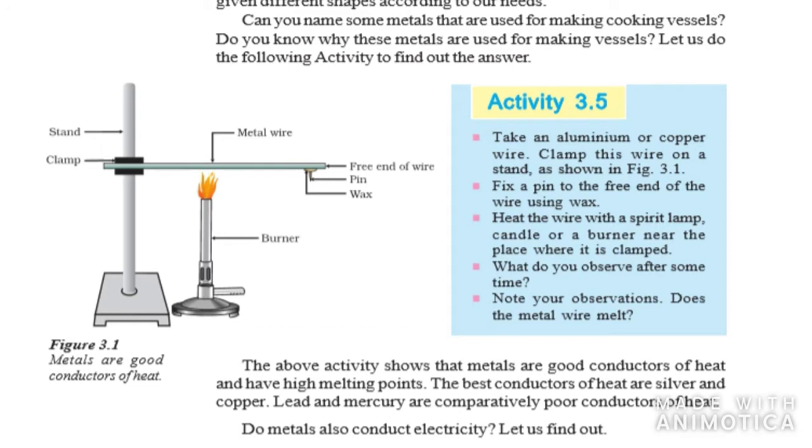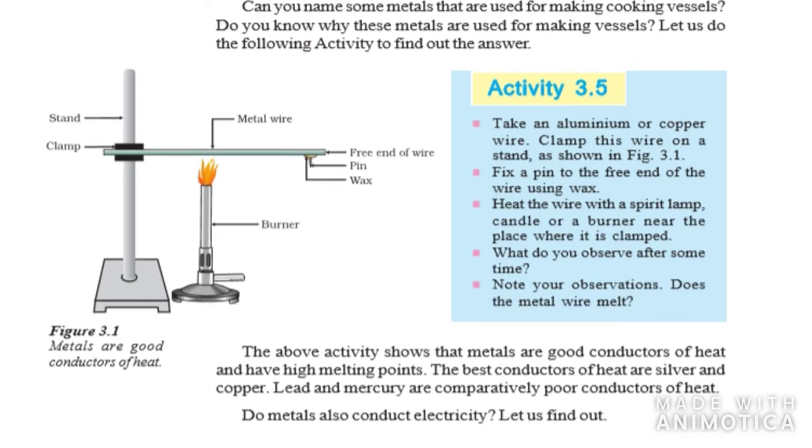Now, as you can see in figure 3.1, it shows why metals are good conductors of heat. You can see that they are heating this metal wire at one end, and there is a pin attached with the help of wax.